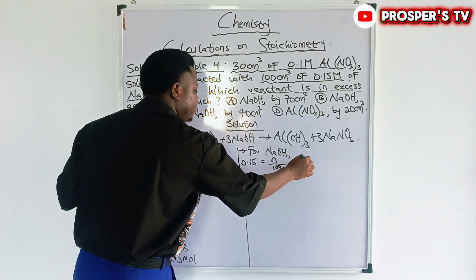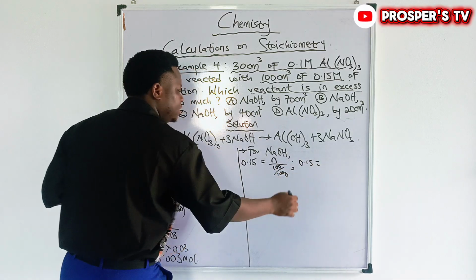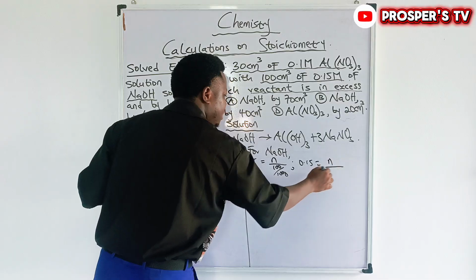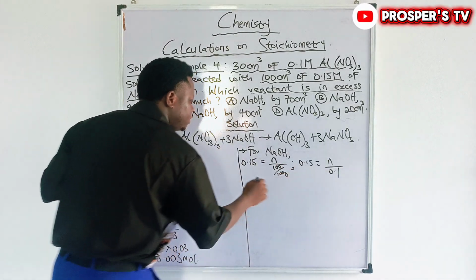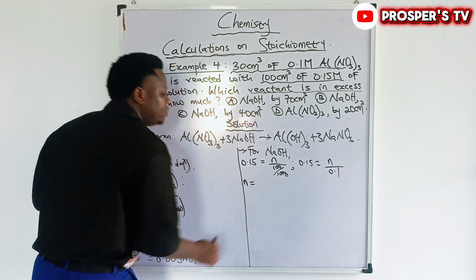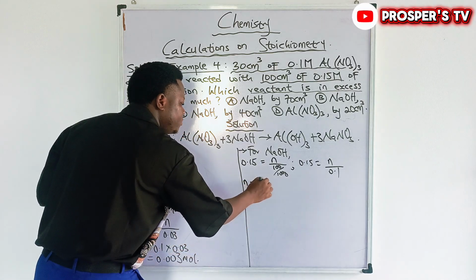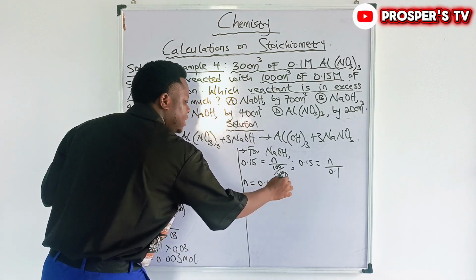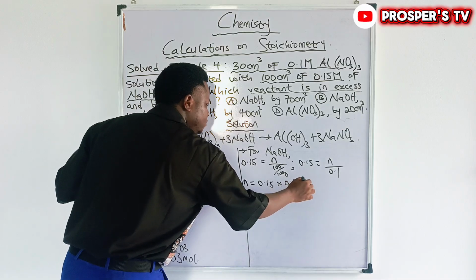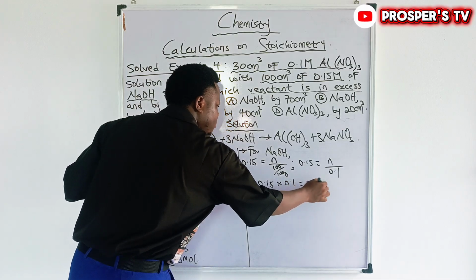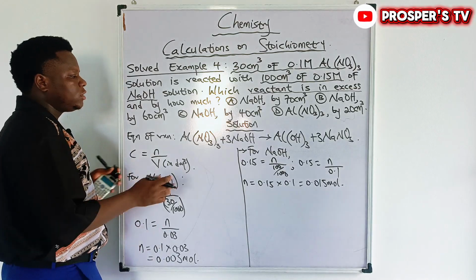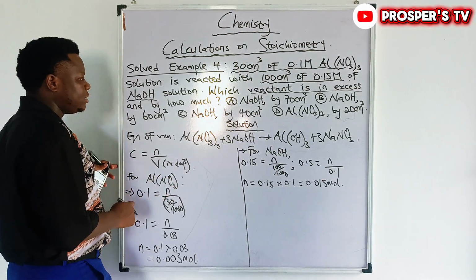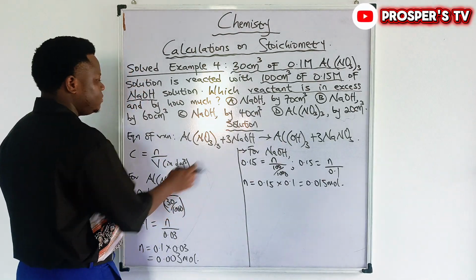So we can say 0.15 is equal to N over 0.1 if you divide this. So from there, if you cross multiply, N is going to be what now? N is going to be 0.15 times 0.1, which gives you 0.015 mole.